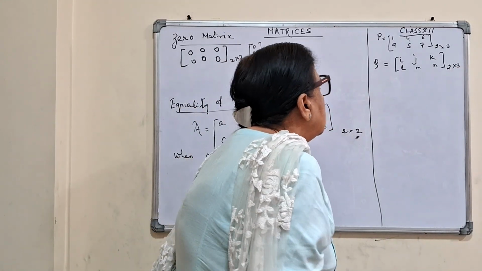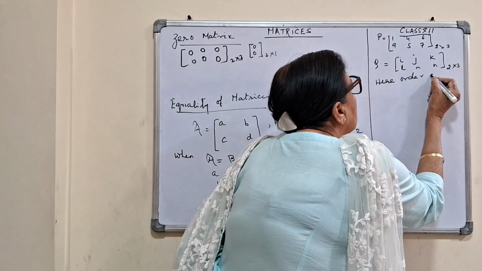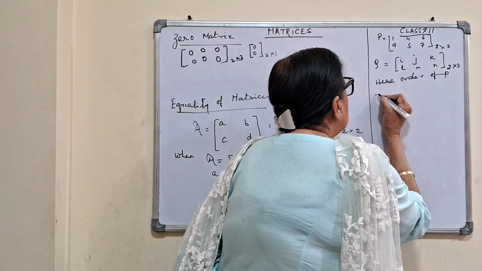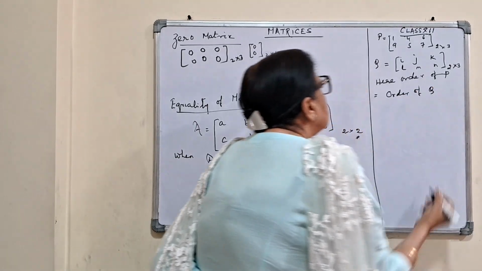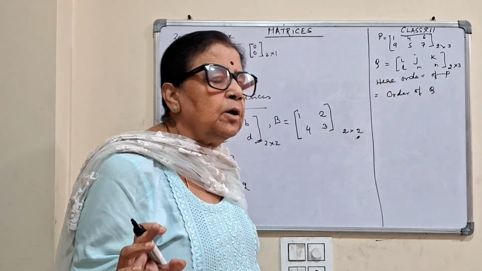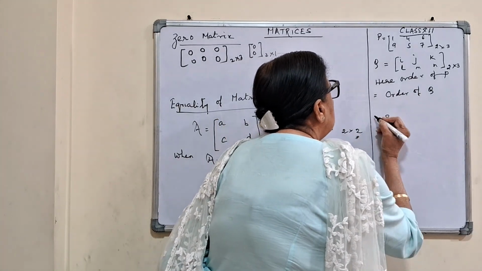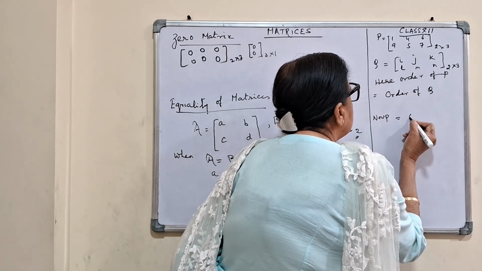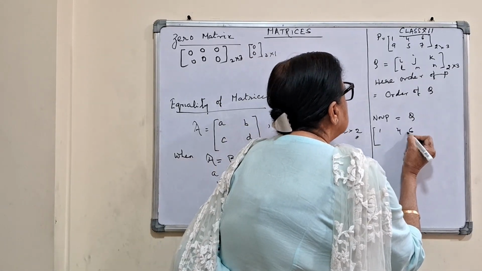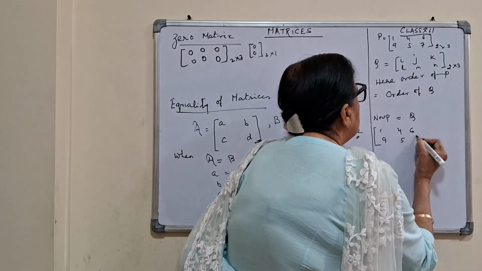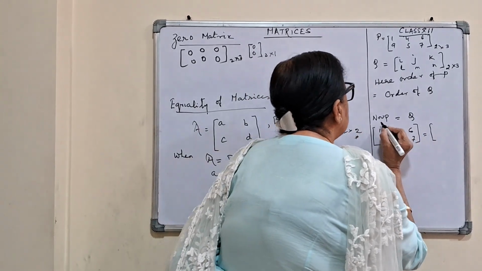The order of P is equal to the order of Q. When two matrices are of the same order, then we can compare. So P is equal to Q.